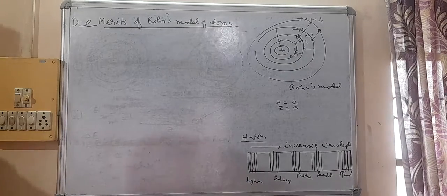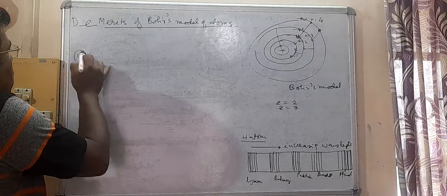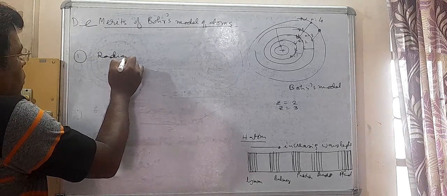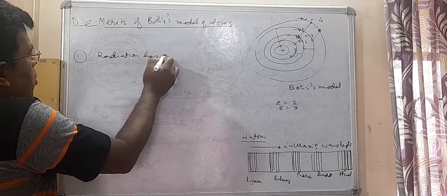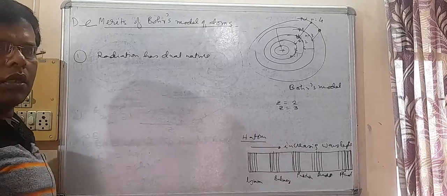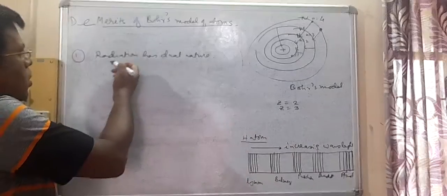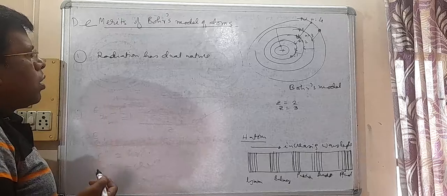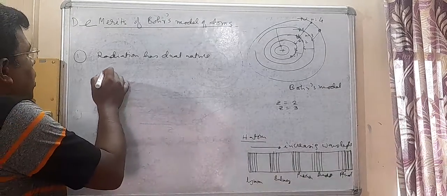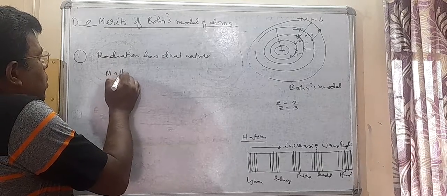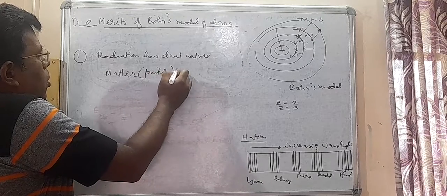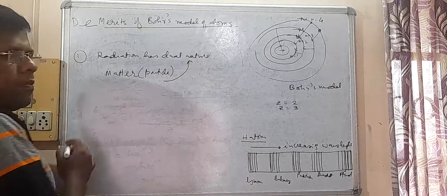We know that radiation has dual nature, that we have discussed, and this concept was extended to matter. This concept was extended to particles, and it was seen that matter or particles also have dual nature.